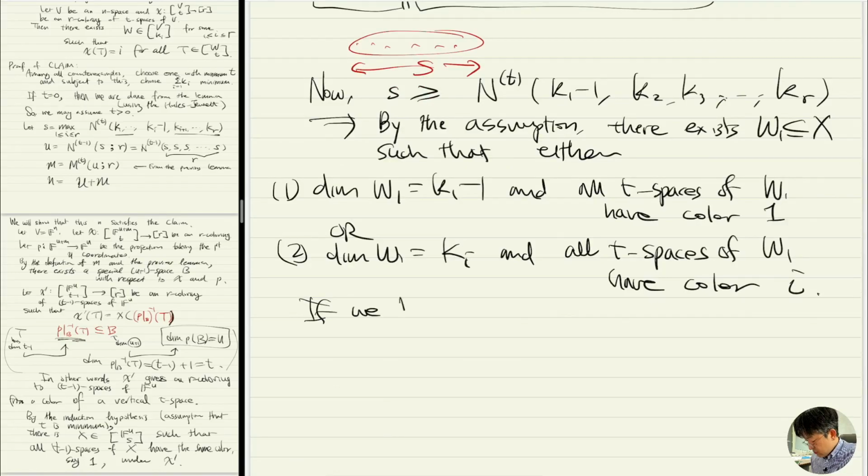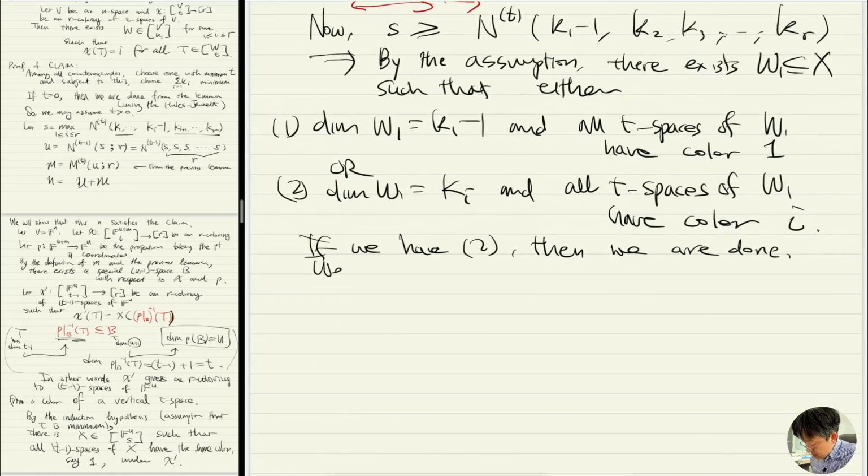If we have the second case, then we are done, because we already found 1. Again, you can think of this as an analog of the graph Ramsey theorem or hypergraph Ramsey theorem, I mean Ramsey theorem for such systems. And so if it's the second case, then we are already done. So we may assume that we have the first case.